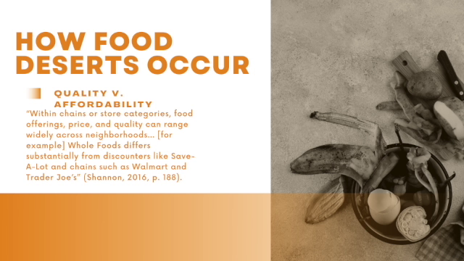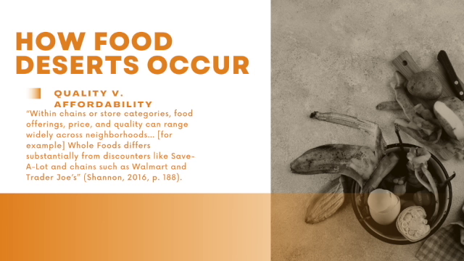And Shannon used the example of Whole Foods, which I believe is the American version of Community Foods, or in Red Deer, Nutters. Lots of organic food, very high quality. So they differ substantially from discounters and they call it Save a Lot, so that made me think of Save On.